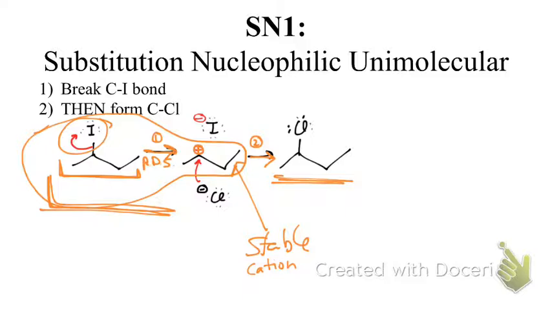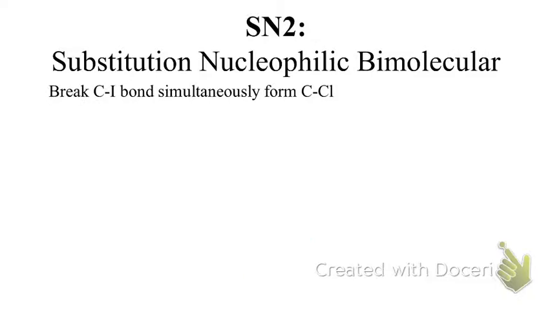When we move to the SN2 reaction, everything happens at the same time. So let's look at that real quickly. You've got the chloride coming in and attacking as the iodide leaves. What charge is that chloride coming in as? Negative. What happens when that chloride encounters more electrons?